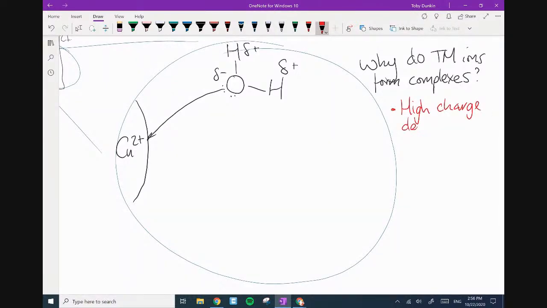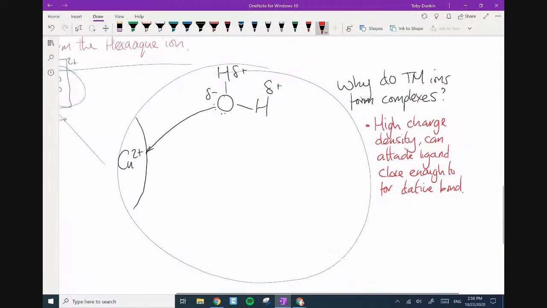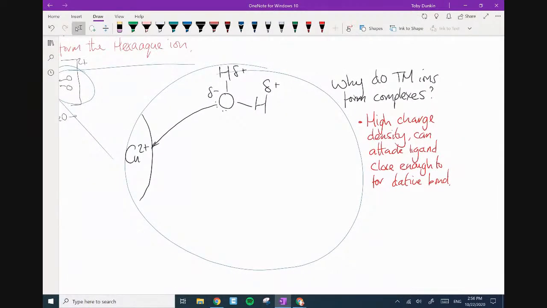High charge density can attract a ligand close enough to form a dative bond. So when the water molecule binds to it, that's step 1.